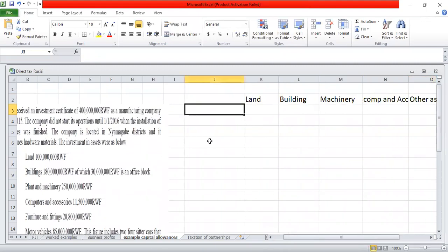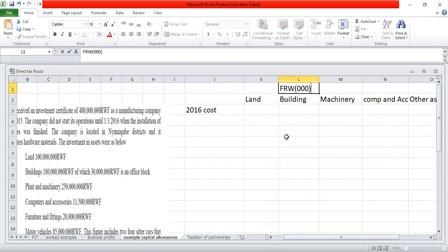Now in 2016, because it is the first year, I'm going to recognize the cost of the asset, because that's what I'm having. I'm going to reduce 3 zeros. Land is 100,000.